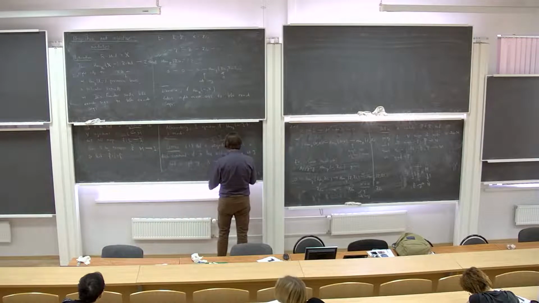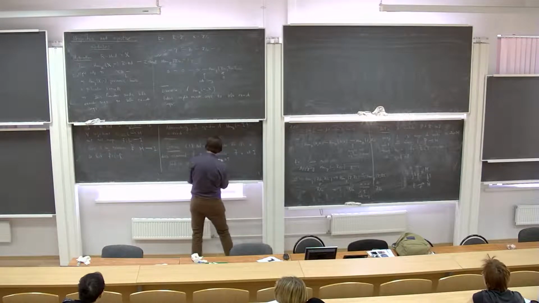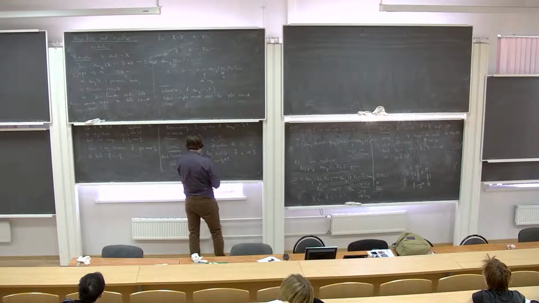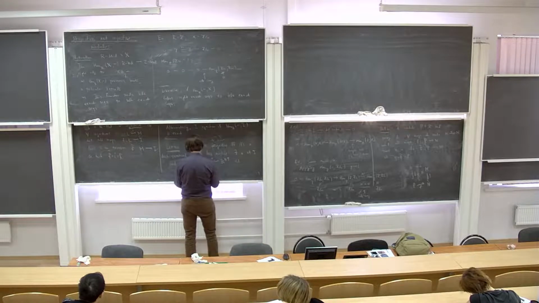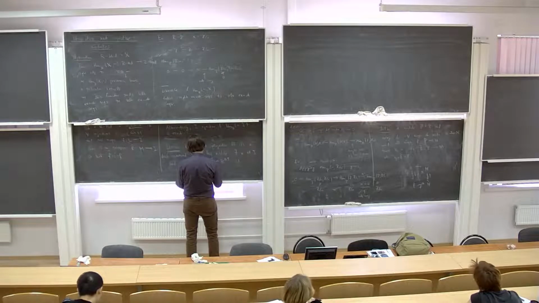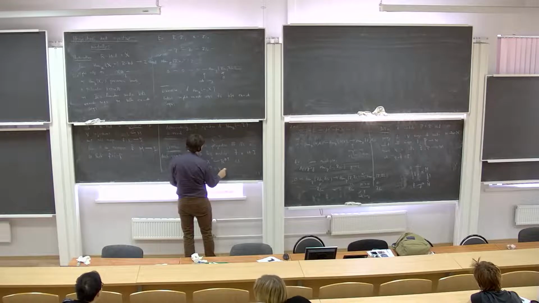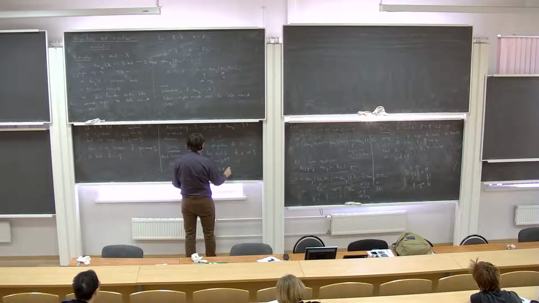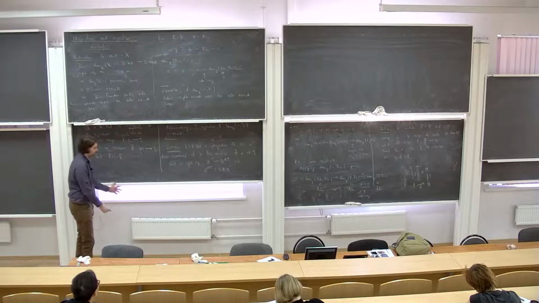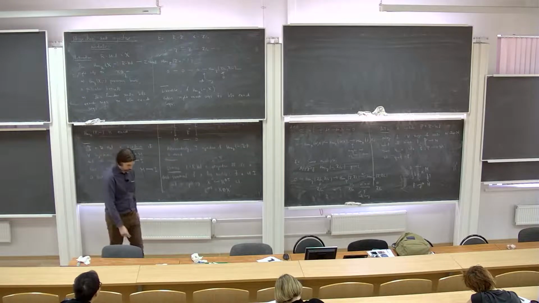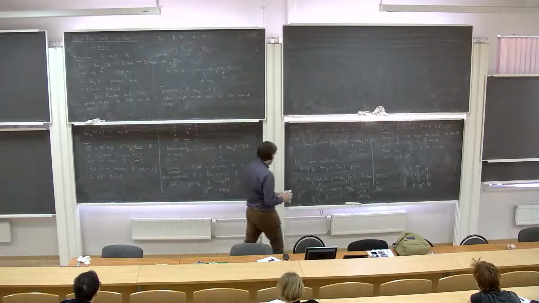And since it's a split injection, what does that mean? It means that the whole free module will be X plus whatever the kernel is of the retraction. So that's the sense in which it's a summand. And this is actually easy to prove.